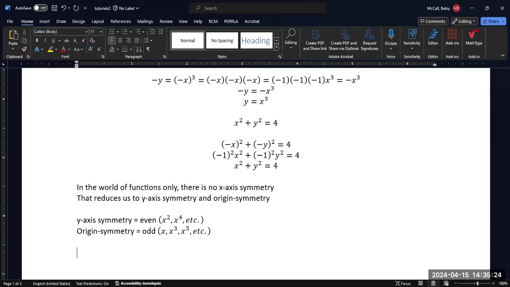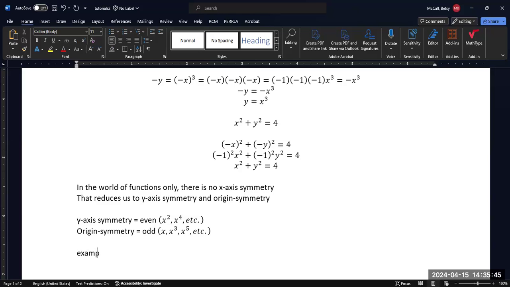So y-axis and even symmetry are exactly the same thing. If I talk about an even function, I'm talking about a function that has y-axis symmetry. If I'm talking about an odd function, I'm talking about a function that has origin symmetry, whether or not it happens to be a polynomial.